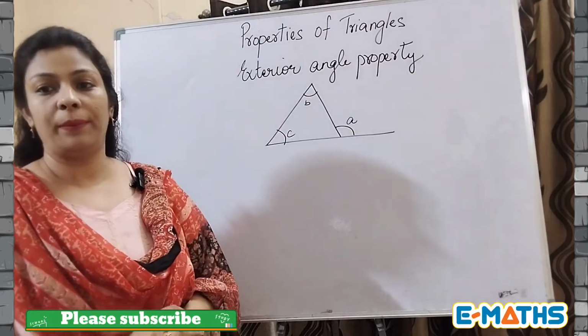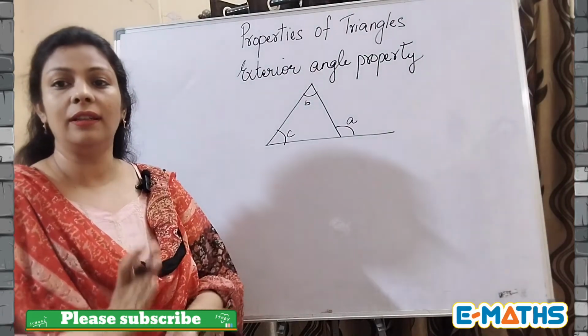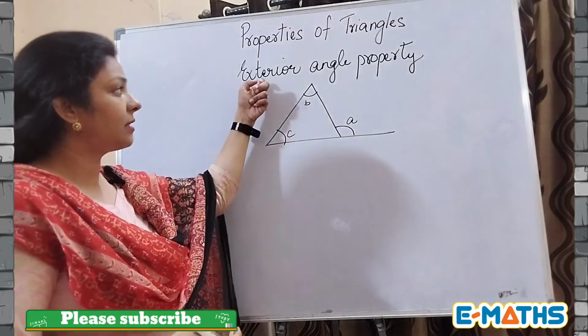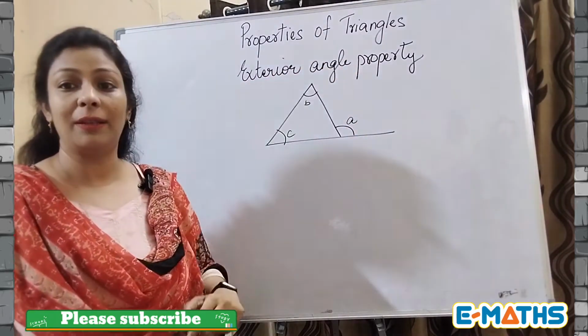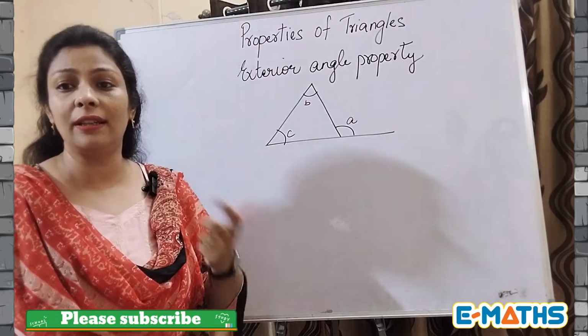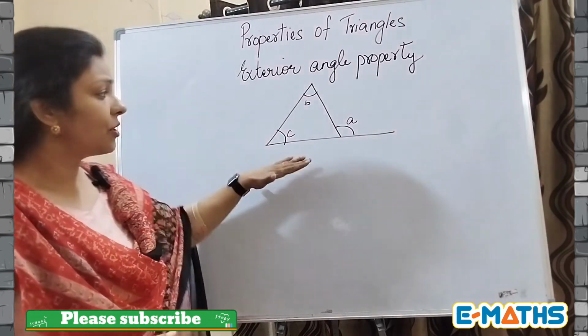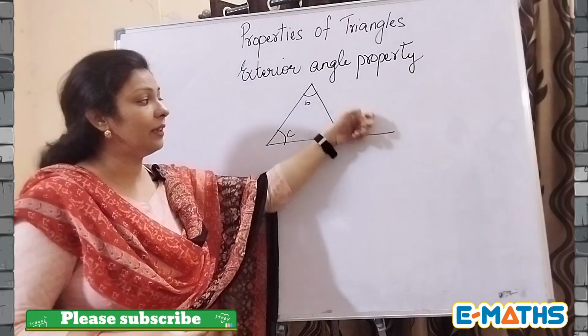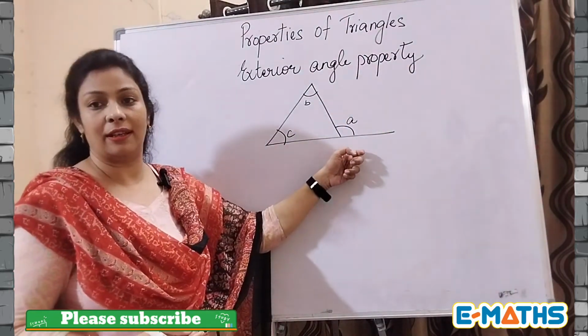Now the third property is the exterior angle property. As the name suggests, exterior angle property means we are going to have an exterior angle in the triangle. As you can see in my figure here, this angle A is an exterior angle.